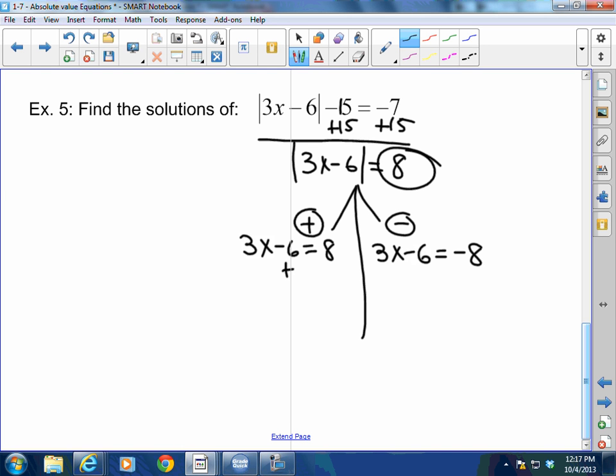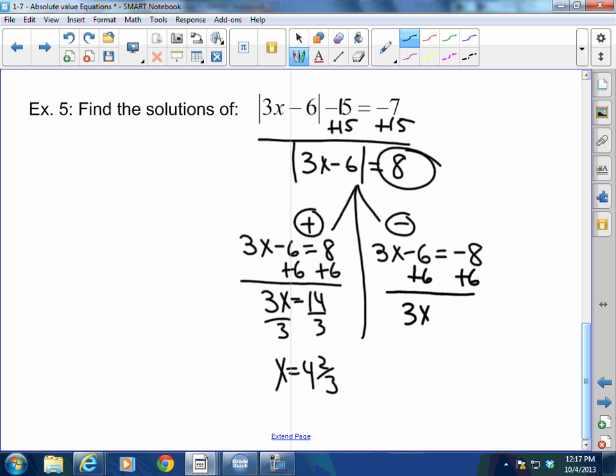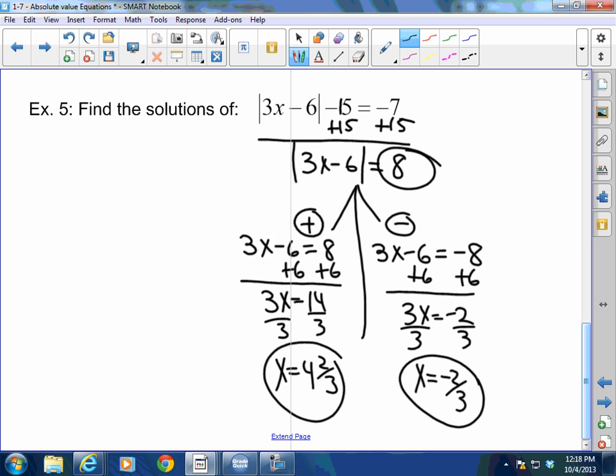So now I add 6 to both sides. 3x equals 14, divided by 3, x equals 4 2/3. Add 6 to both sides. 3x equals negative 2. Divide by 3. x equals negative 2/3. And then you would have to check them, but I'm running a little bit low on time. So do me the favor, check them on your own. See if they work.